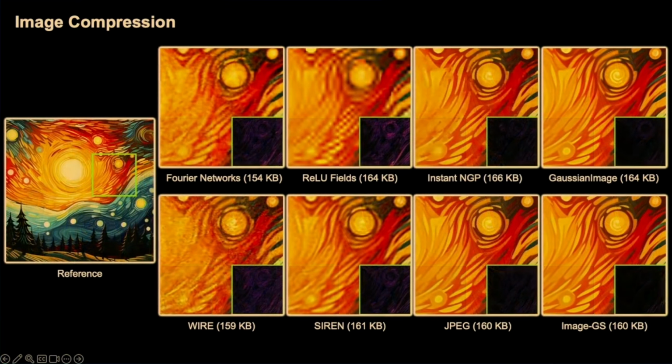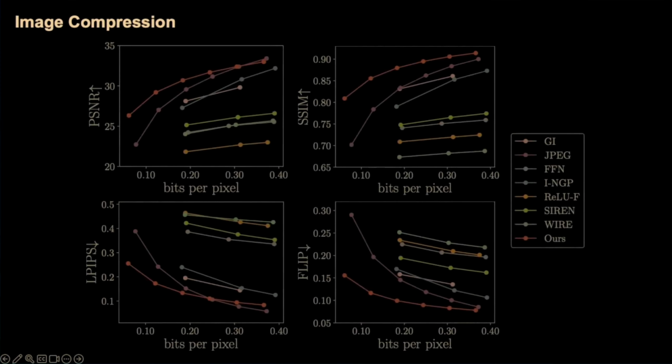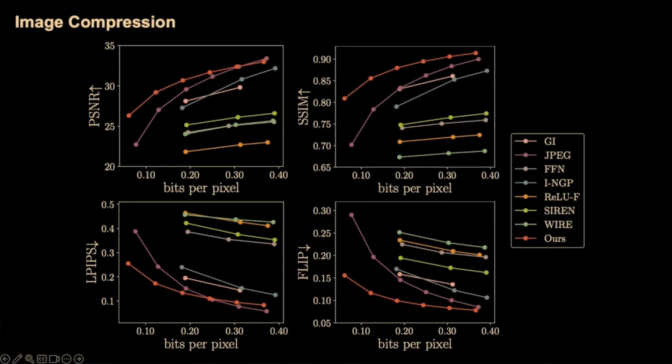In these examples, ImageGS preserves fine details while producing cleaner reconstructions with fewer artifacts. Quantitative results confirm that ImageGS achieves consistently higher visual fidelity at low bit rates.